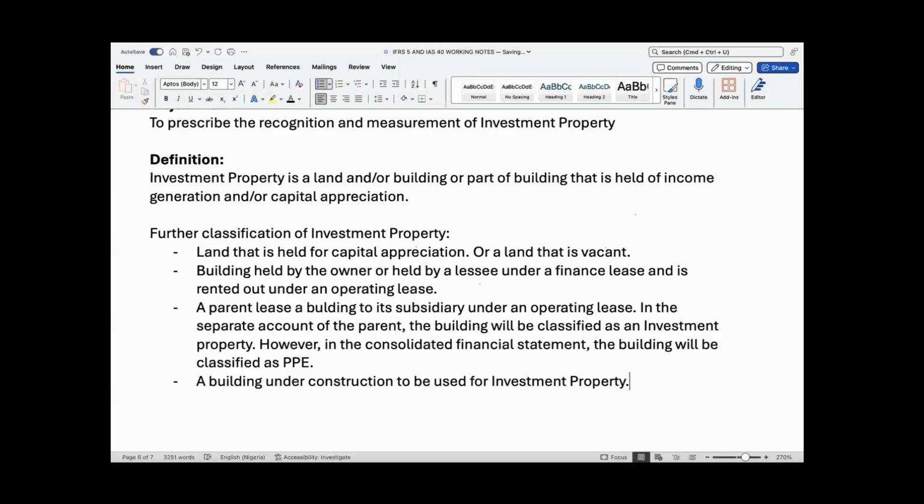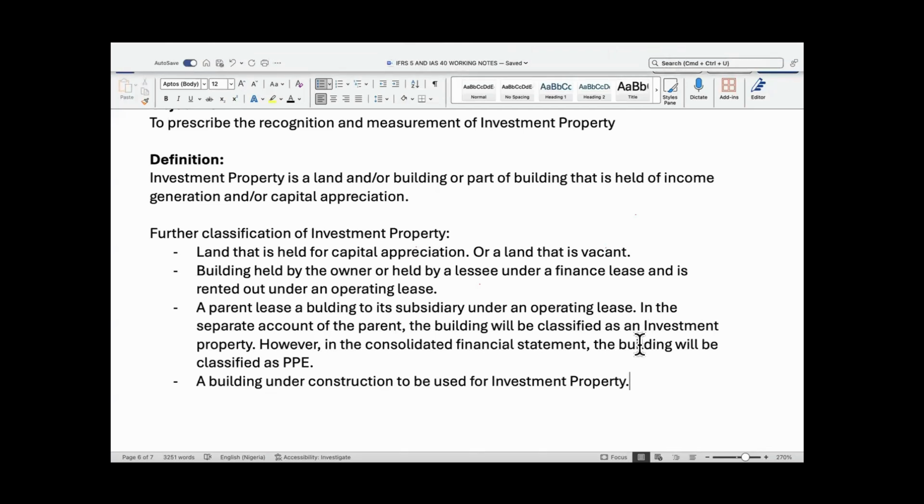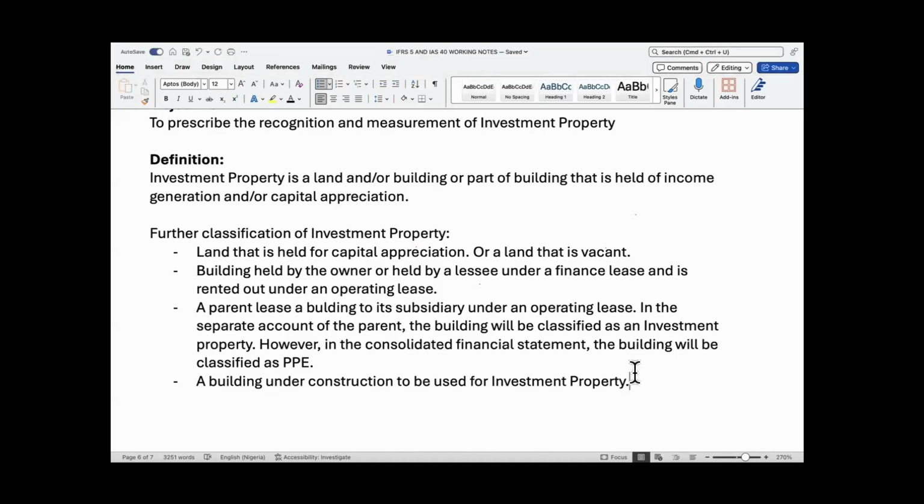They are very basic. So don't forget, investment property is nothing beyond land and building that is held for income generation and capital appreciation. That's basically what it is. It's not more than that.